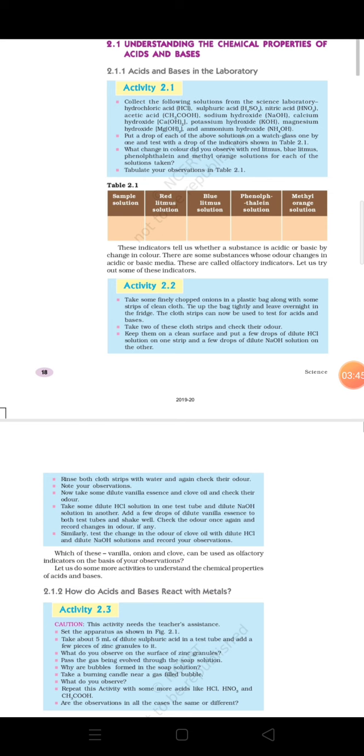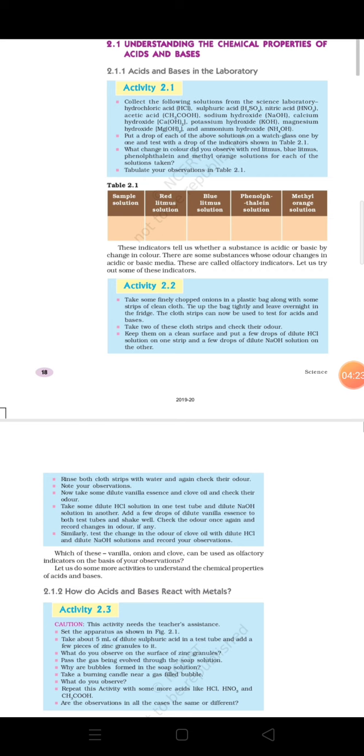Now the next two, phenolphthalein and methyl orange solution. Phenolphthalein and methyl orange are synthetic indicators. This was also given in the introduction part. We will study about them, and we will also do experiments related to phenolphthalein and methyl orange solution. So phenolphthalein in neutral medium is colorless. When you add phenolphthalein solution to any acidic solution, it will remain colorless.